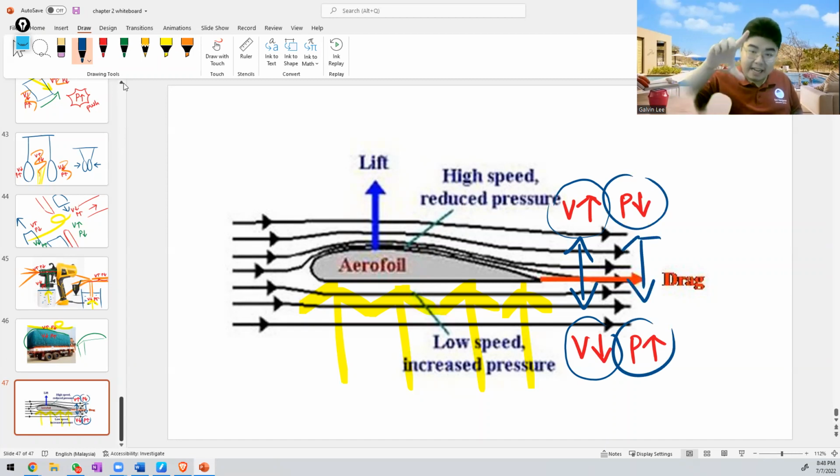The wider the gap is, the bigger the difference between the two pressures, the stronger the lift generated. So in other words, we can say the faster the aeroplane goes, the higher the aeroplane can fly.